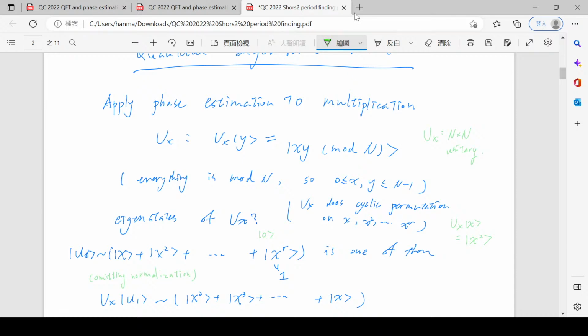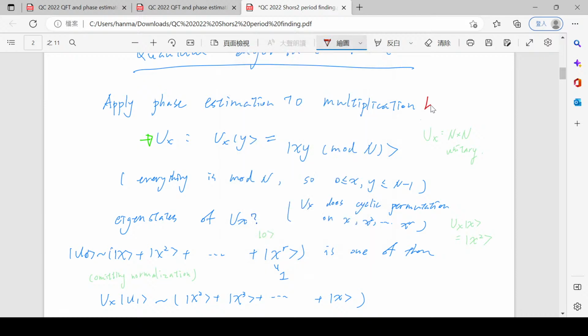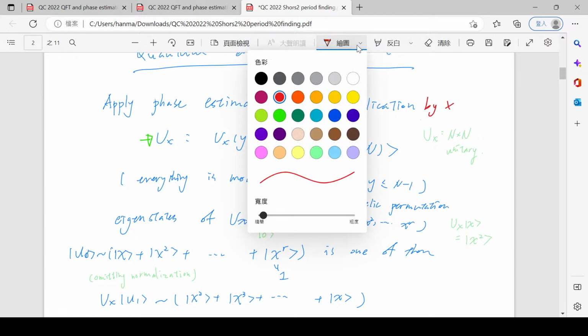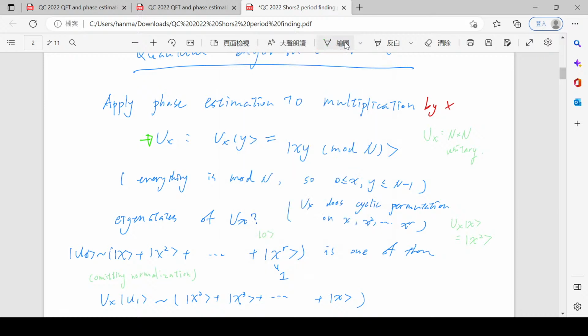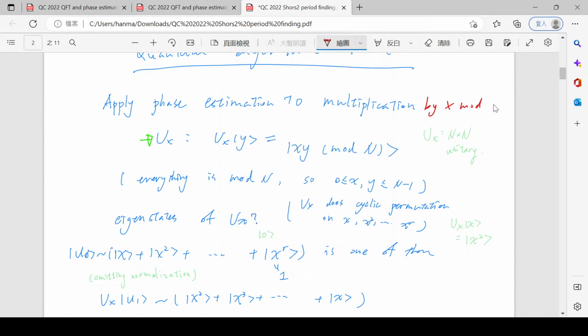What we do is we consider this operation, which is a unitary gate if you think hard enough, and this operation is multiplication by x mod n.